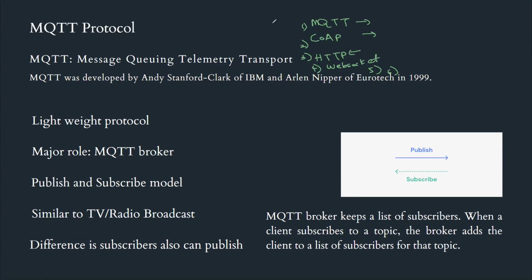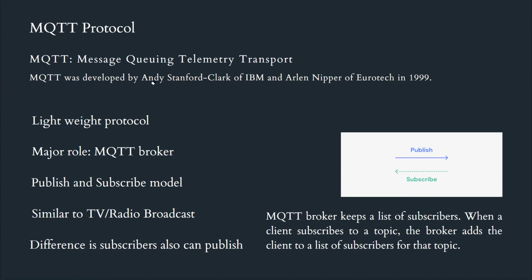We will be talking about the MQTT protocol first, and the MQTT protocol has some features that are different from other protocols such as CoAP, HTTP, and WebSocket. We will discuss those differences while we are discussing this protocol.